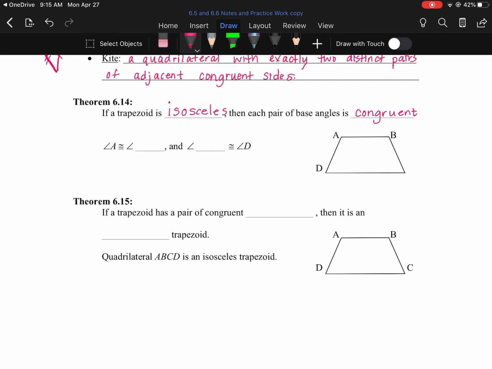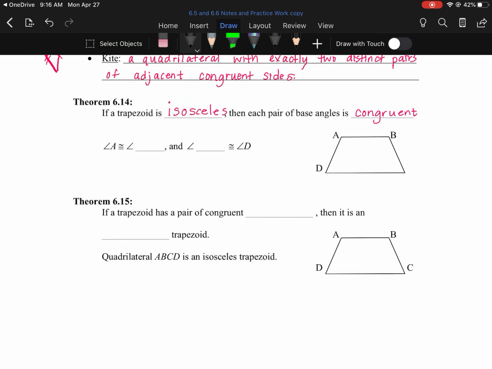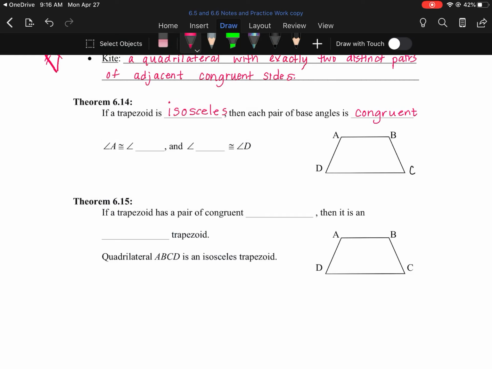Looking at this diagram, C is missing over here, so let me put in C. Angle A is going to be congruent to angle B, and angle C is going to be congruent to angle D.